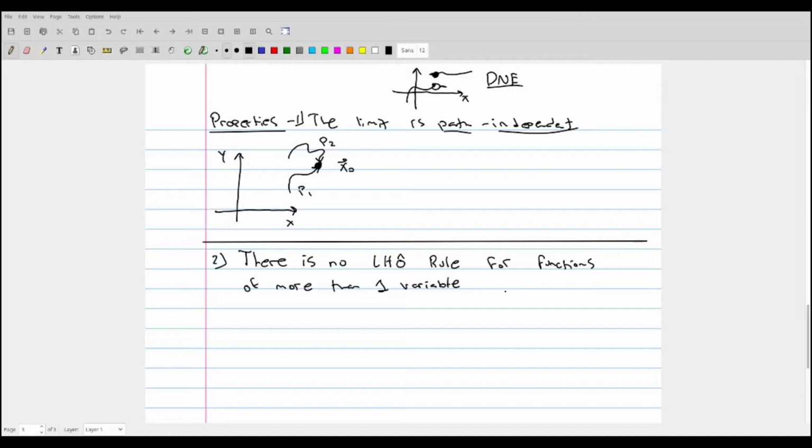It does work for single variable functions, as you hopefully saw in either a Calculus 2 or a Calculus 3 course at some point. But it does not work for functions f of x y or f of x y z, etc.